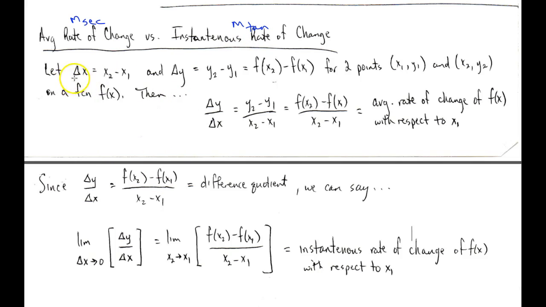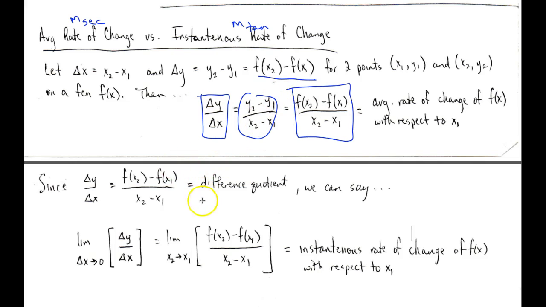What you see here is we're going to look at the difference quotient in another way. And so if we let the change in x mean x2 minus x1, and the change in y being y2 minus y1, which could also be expressed as f of x2 minus f of x1, then we could rewrite the slope of a line in this form or this form.